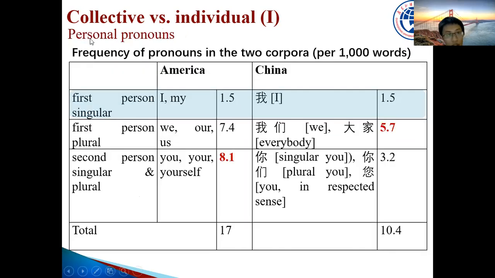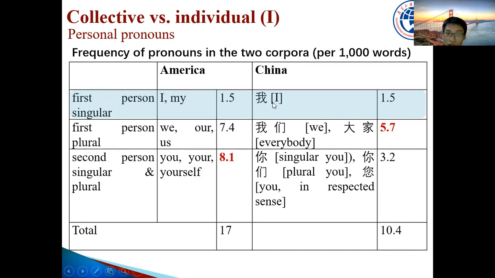And next, we will focus on the personal pronouns. We recorded the frequency of pronouns in the two corpora per 1,000 words. You can see that both corpora have a similar frequency in the usage of first person singular, like I and mine, while the American corpus has most of its personal pronouns as second person singular and plural, addressing the audience directly as an individual, like you, your, and yourself.